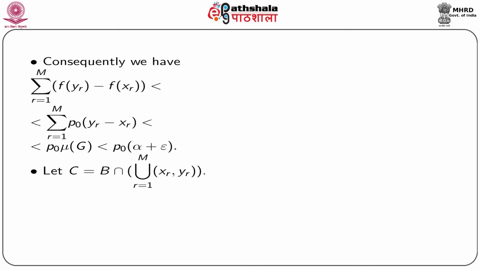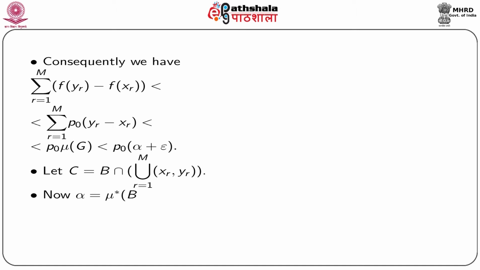Now, let us define the set capital C as the set capital B intersection the whole union over r = 1 to M of the open intervals (x_r, y_r).